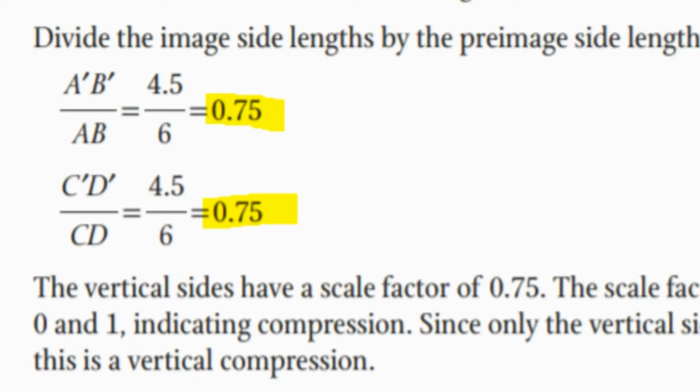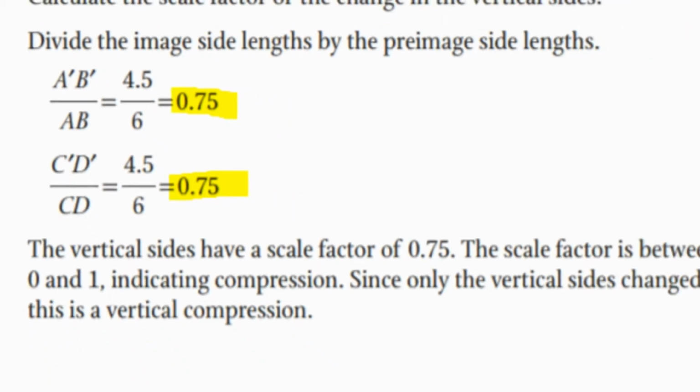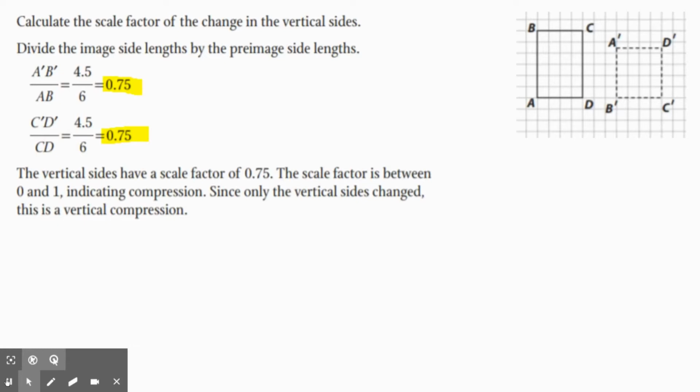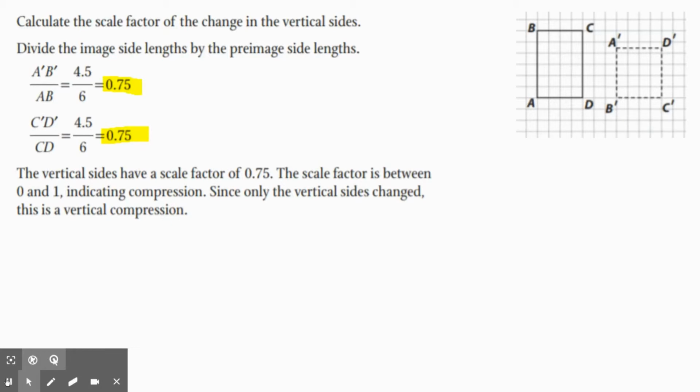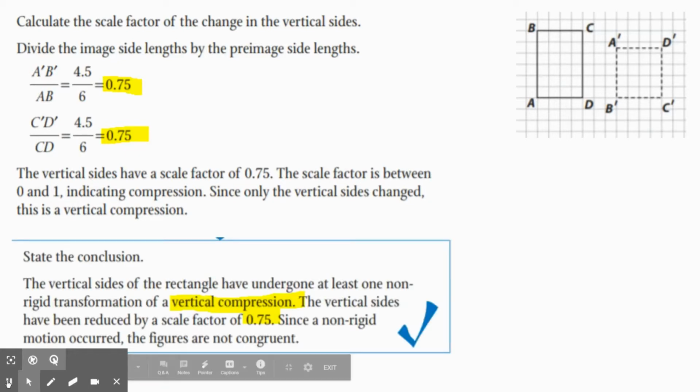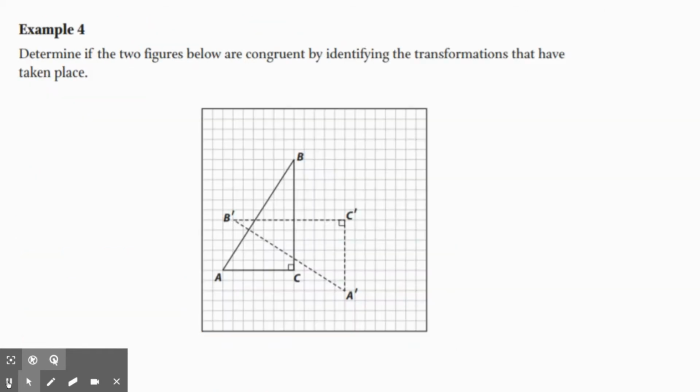So we would say that there has been a vertical compression with a scale factor of 0.75, or in other words, the pre-image was multiplied by a factor of 0.75 to create the image. We call that vertical compression. The image has become smaller than the pre-image.